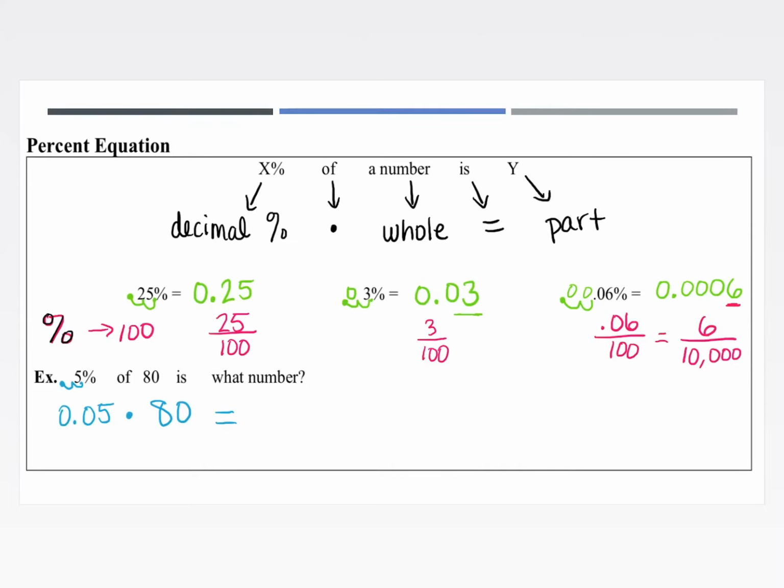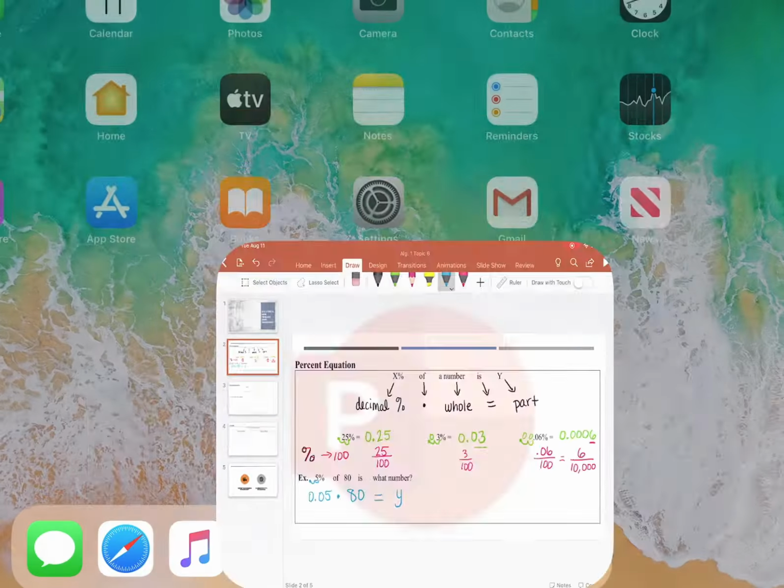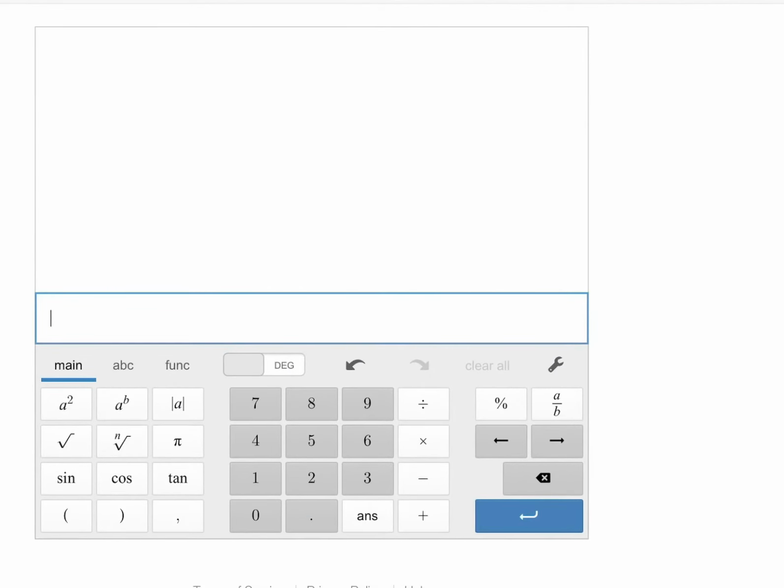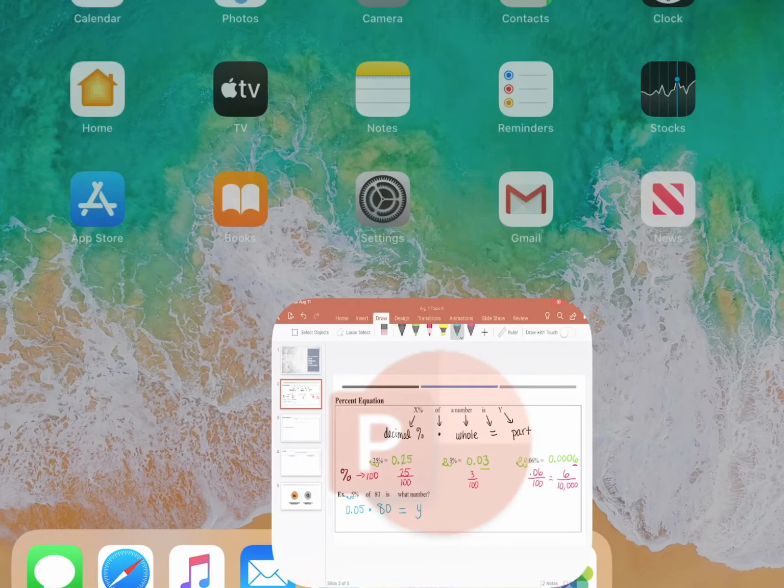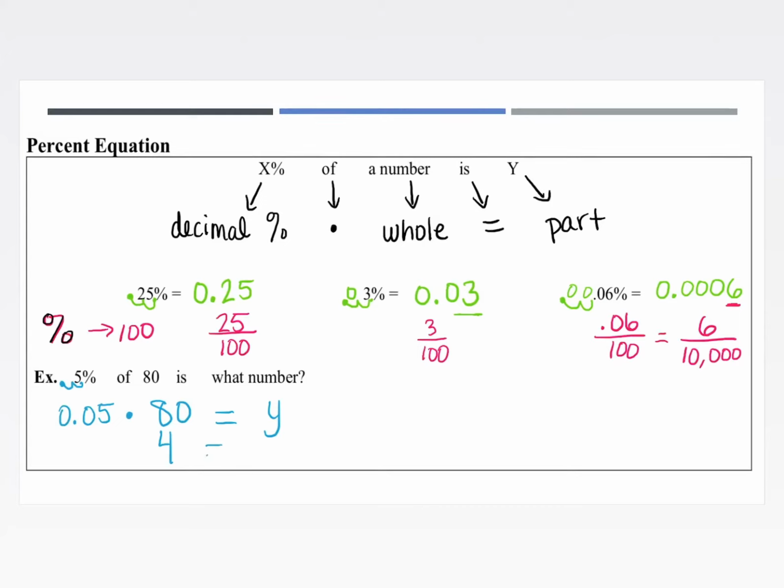Is what number? So let's have that be y. Now here, all we need to do is multiply the left-hand side to simplify. So I'm going to head to Desmos. 0.05 times 80 equals 4. Perfect. So 4 is y.